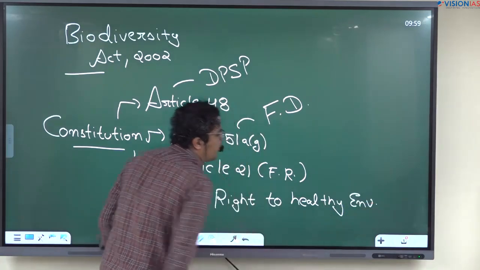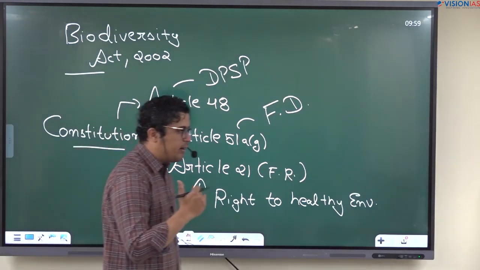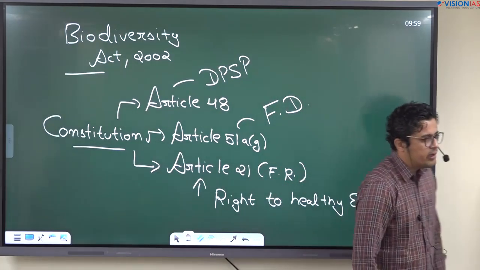This is a fundamental right of every Indian citizen. If your right is being violated, you have the option to approach the court, because fundamental rights are legally binding. You can file a writ in the court. So if you look at the Constitution, these are the articles which directly talk about conservation of environment.